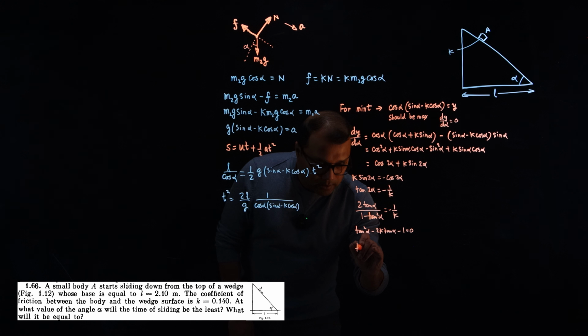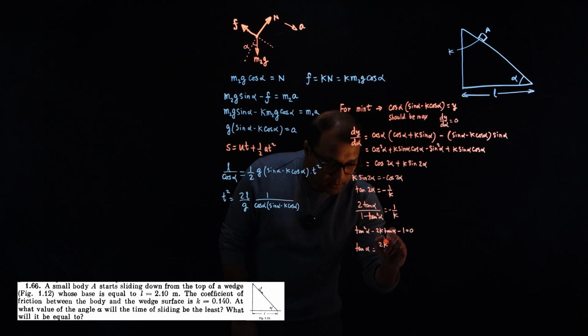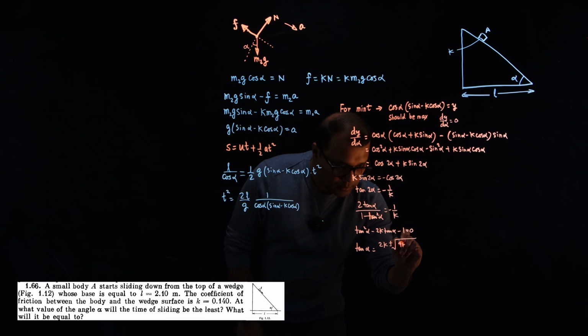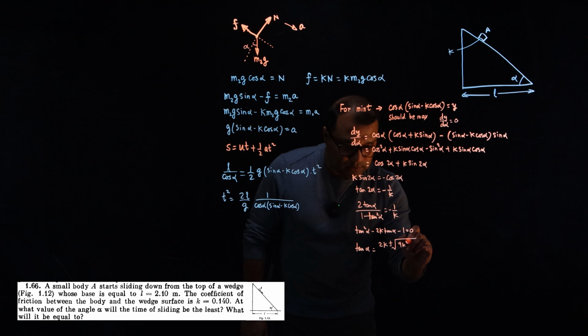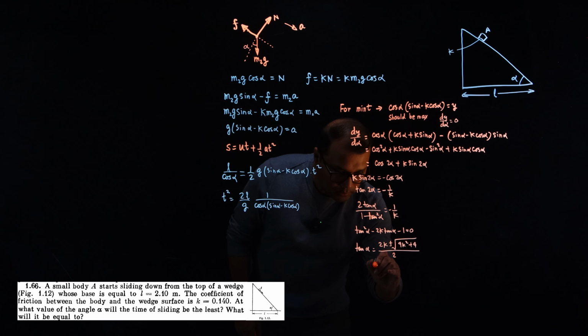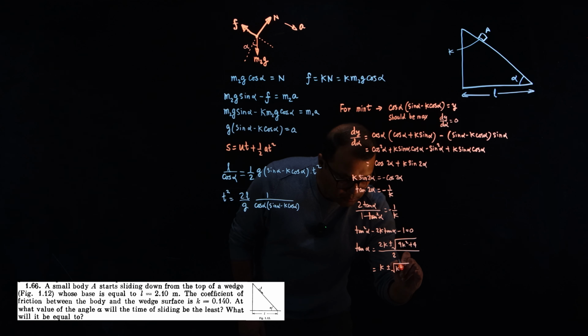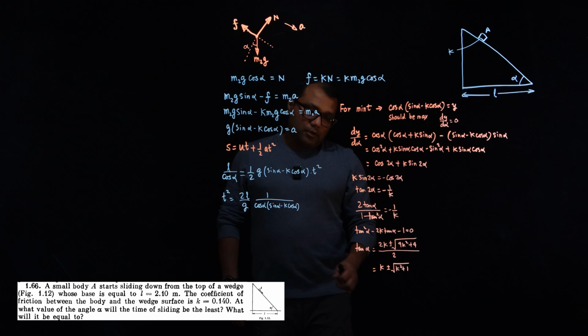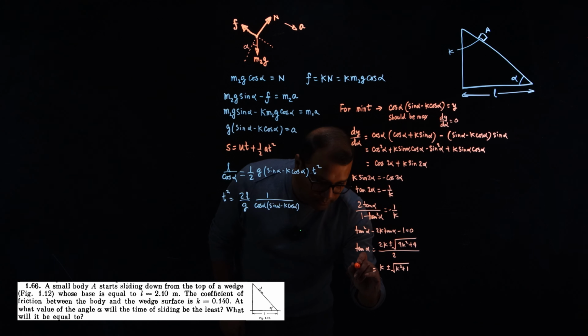So tan alpha is minus b plus minus root over b square minus 4ac, by 2a. So this becomes k plus minus root k square plus 1. So we got two values of tan alpha.